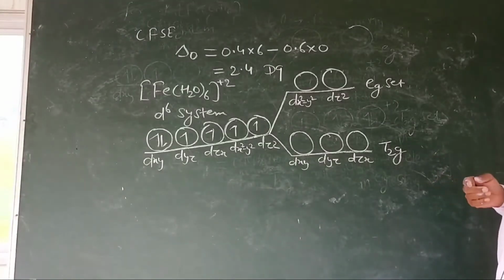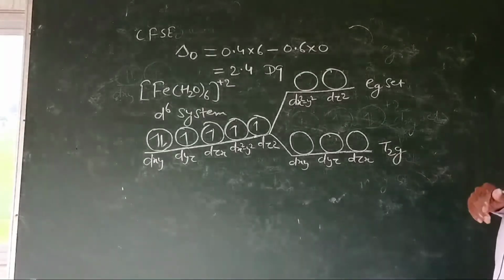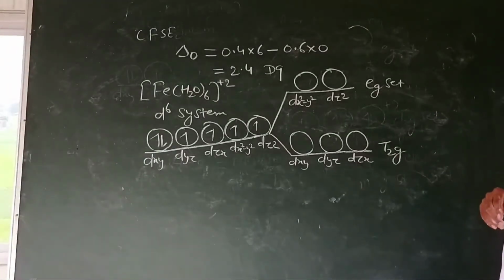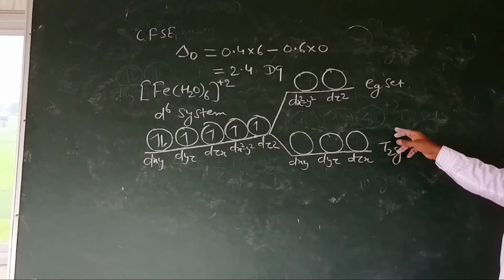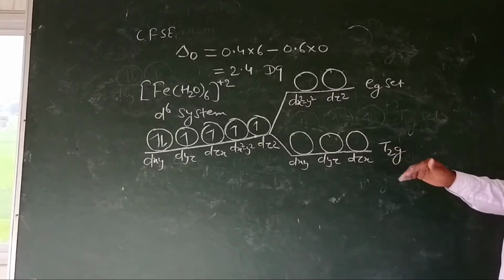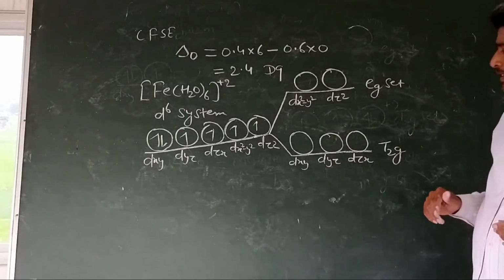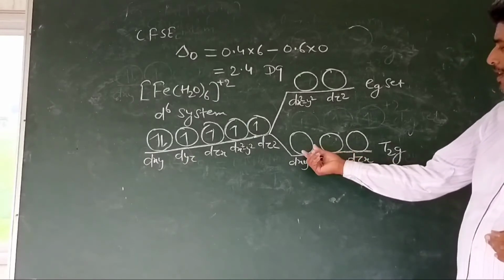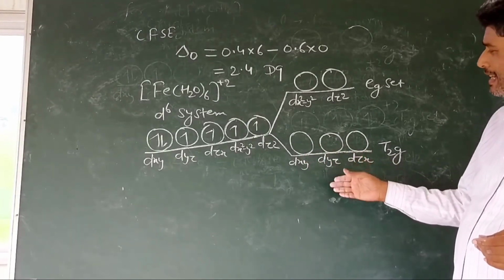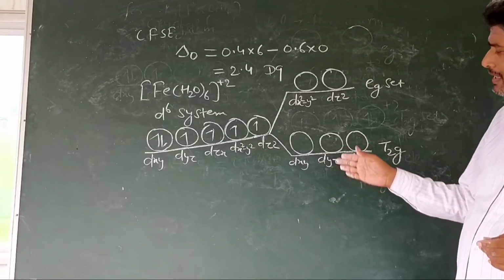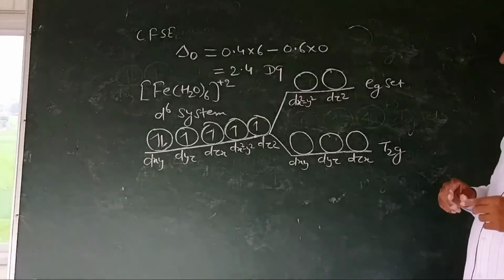The same as in the beginning, electrons first enter the low energy level. Our low energy level is T2G. Since all these three are degenerate, electrons will enter singly with parallel spin.